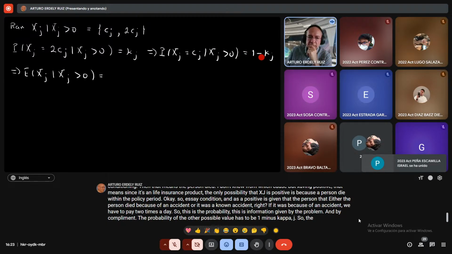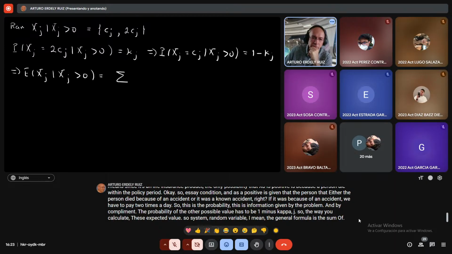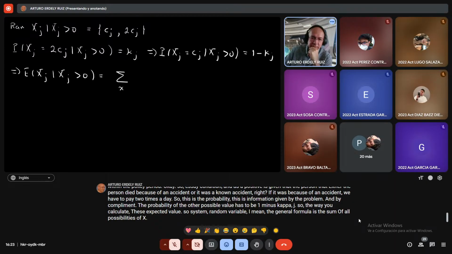Since it's a discrete random variable, the general formula is the sum over all possible values x, of x times the probability of xj equal x given xj positive.